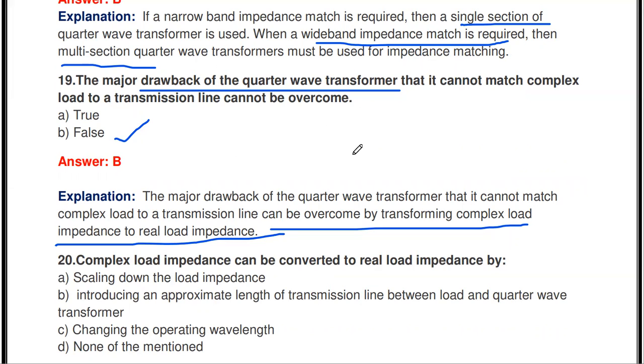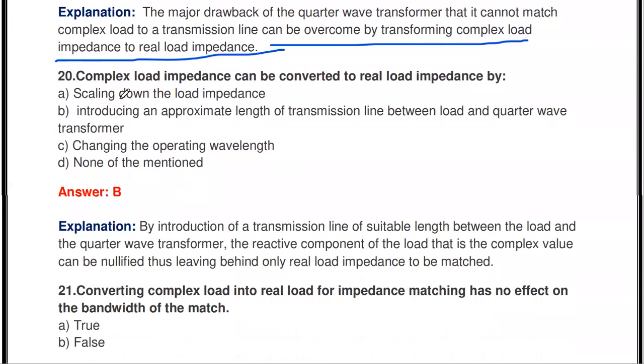Usually the quarter wave transformer cannot match the complex load to a transmission line, but this drawback we can overcome by transforming the complex load impedance to real load impedance. The next one: the complex load impedance can be converted to real load impedance by dash. How to convert it in this quarter wave transformer?